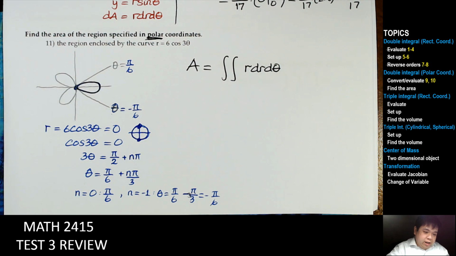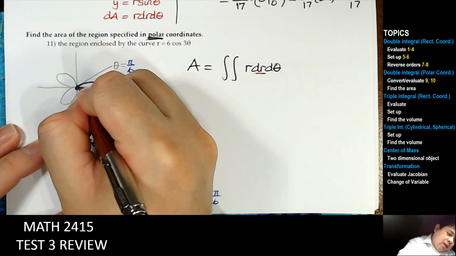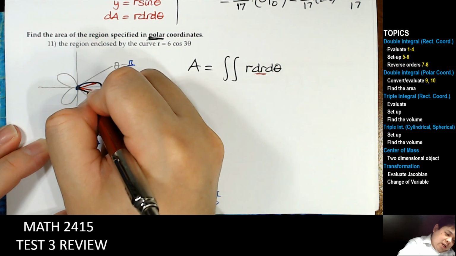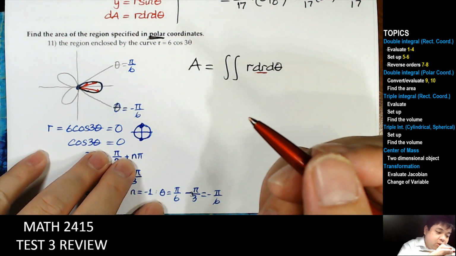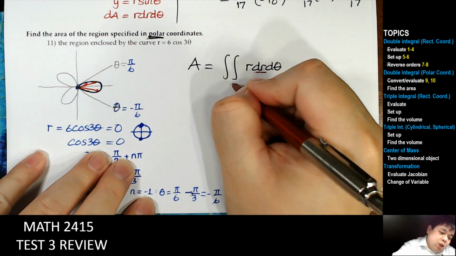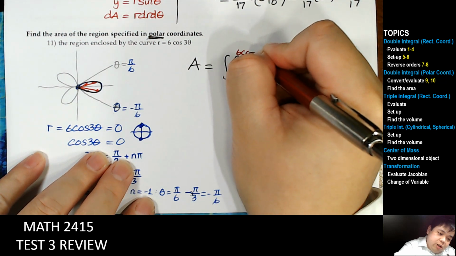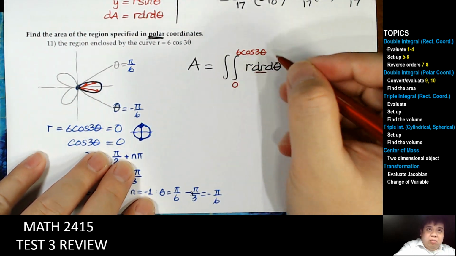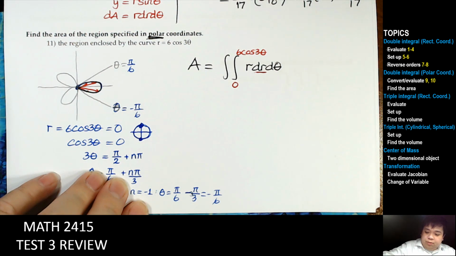So if we look along the r direction, meaning from the center out, we only see the graph of the closed pattern. So that's all we see from the center. So we go from 0 to 6 cosine of 3 theta. That is the limit for r. And for theta, obviously those two.